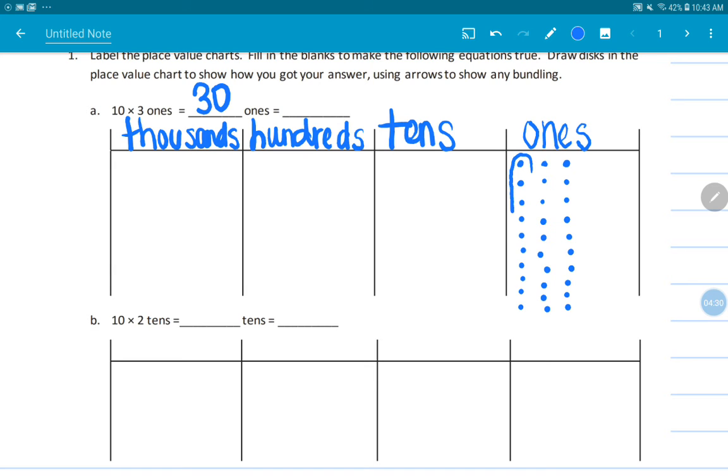1, 2, 3, 4, 5, 6, 7, 8, 9, 10. There's 10 ones. I'm going to group those together. I'm going to do that for my next group of 10. 1, 2, 3, 4, 5, 6, 7, 8, 9, 10.